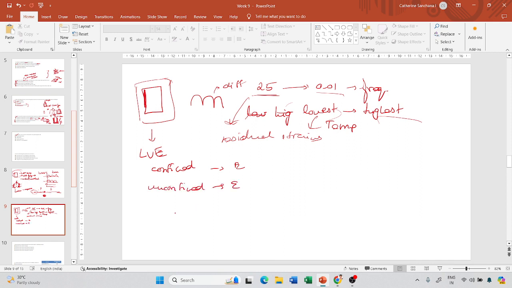Let us say 75 to 120 for example: if I load the sample at a particular load and measure the strain, and the strain is within 75 to 120 microns, then my material response can be considered linear viscoelastic.